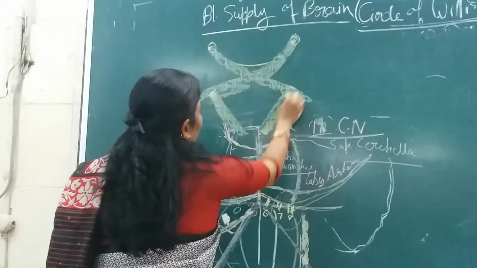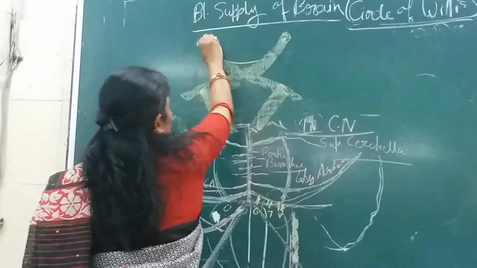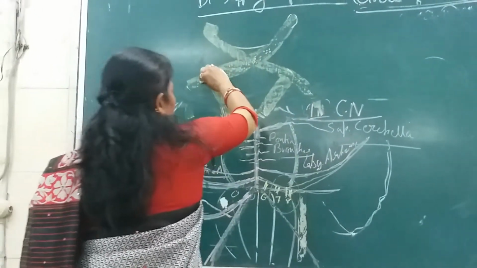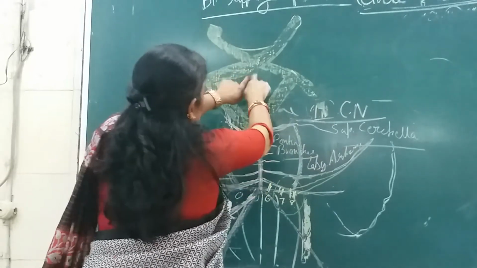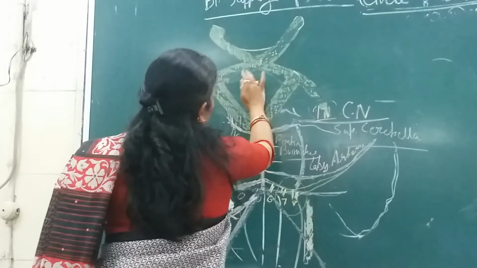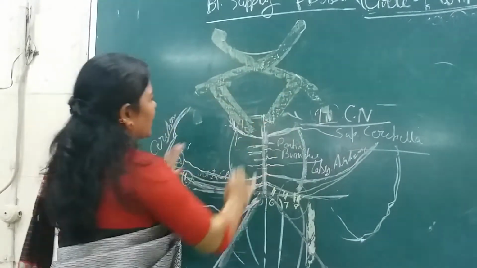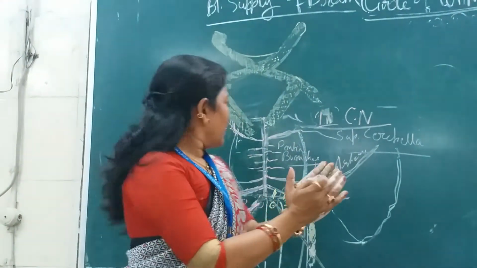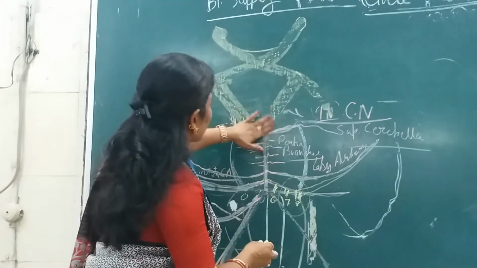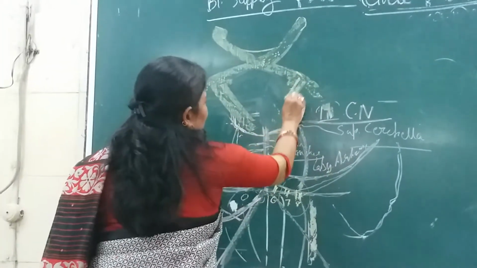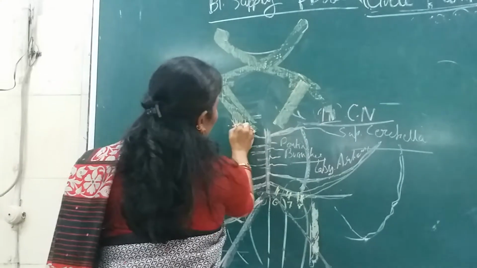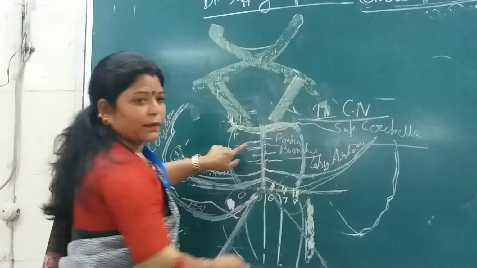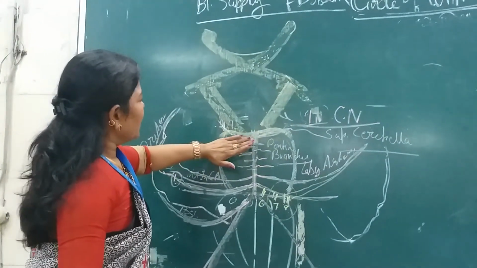I will draw a diagram here. This is the part of the optic chiasma here. Okay, and what is this? A diamond-shaped area is formed. Interpeduncular fossa is nothing but a diamond-shaped area at the base of the brain, which is bounded here. You will see, this is the pons.